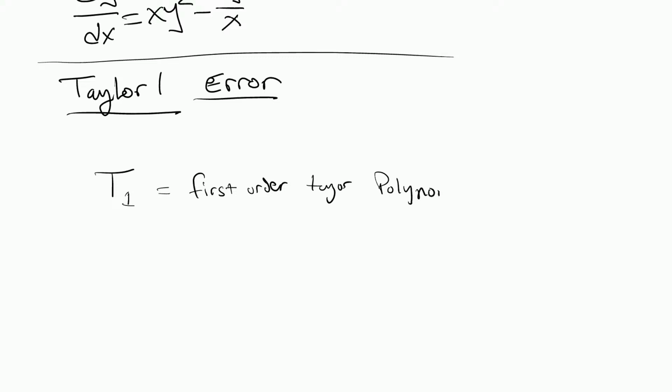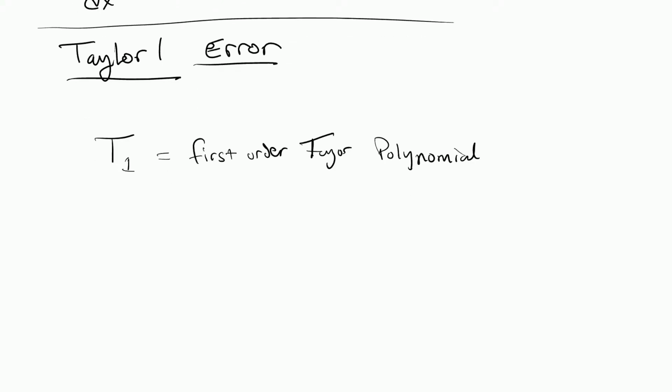I should probably capitalize Taylor because that's a name. So T1 of x usually, but this has an x and a y, so I'm just going to leave it as T1. And if you remember, we talked about R1 is the so-called remainder term.